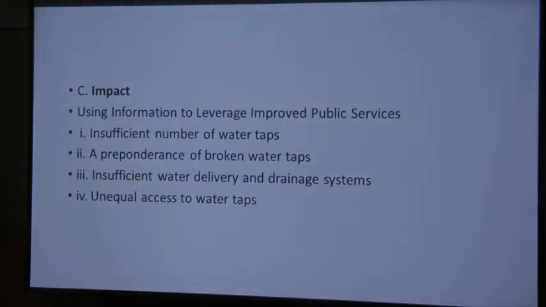And what was the impact? Well, Delhi Jal Board was also a partner within this project, and basically their engineers for the first time were able to really see what the conditions were and address those. They saw that there were insufficient water taps, many broken taps, insufficient water delivery and drainage systems, and really unequal access to water taps.